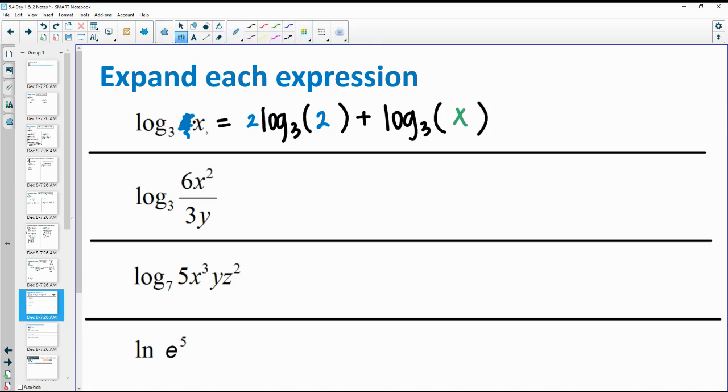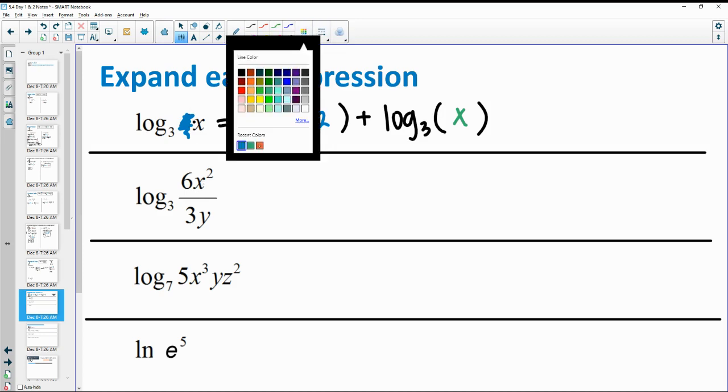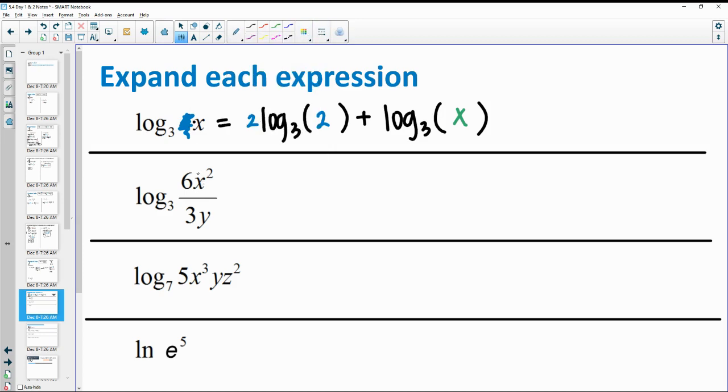In the next one, we have multiplication, exponents, and division. First thing I would do here is if anything can simplify here, you want to do that. Okay, you can still use your algebra rules. So what I notice here is that 6 divided by 3 simplifies to 2.